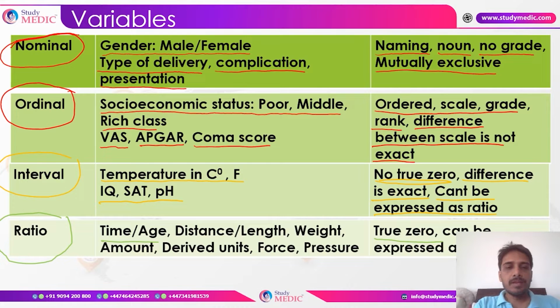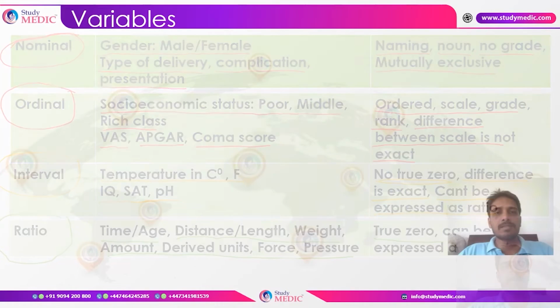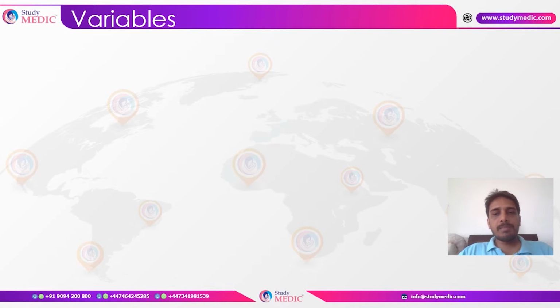We can say that, and it can be expressed as ratios. Similarly, other examples include distance, weight, and other derived units of force, pressure, BP, etc. These are all examples of ratio variables.